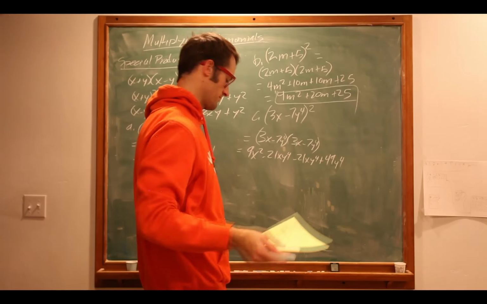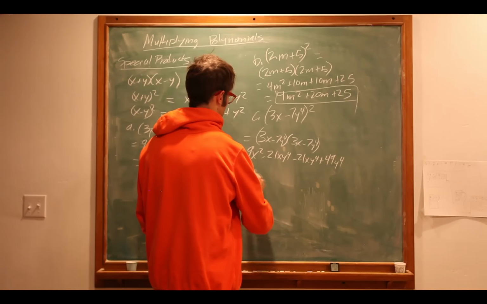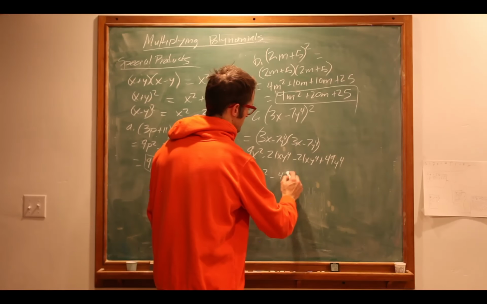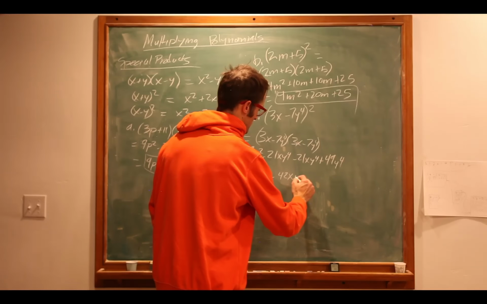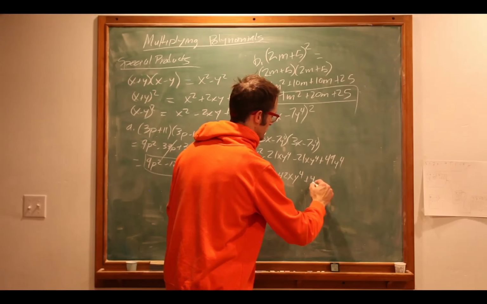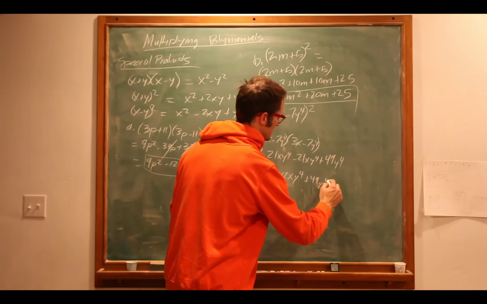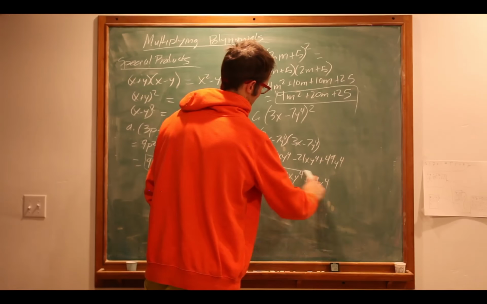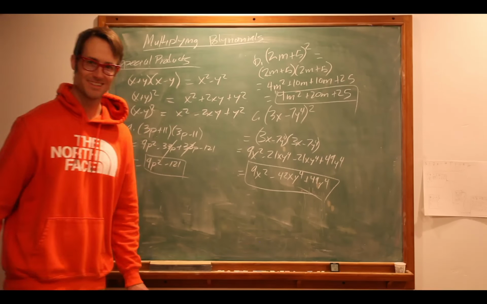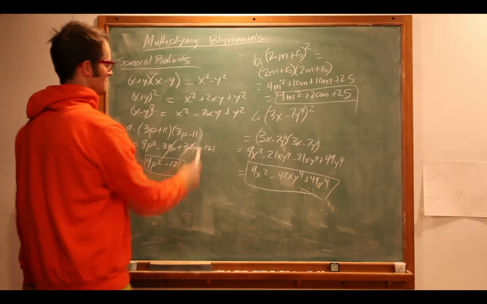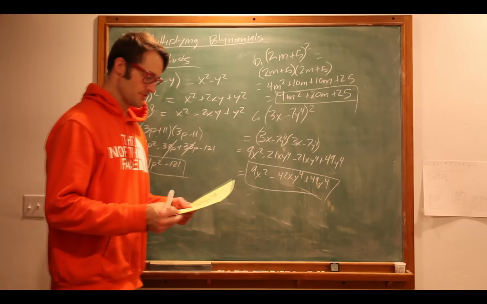So that is negative 42. 9x squared minus 42xy to the fourth plus 49y to the eighth. Boom. Loving it. Yeah, so that one is this one. There you go. All three.